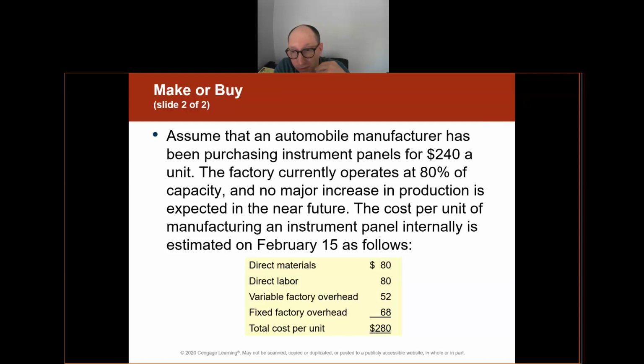With no major increase in production in the near future. The current cost of manufacturing the instrument panels is as follows. We have direct materials, $80. Direct labor, $80. Variable factory overhead, $52. Fixed factory overhead, $68, giving us a total cost per unit of $280.